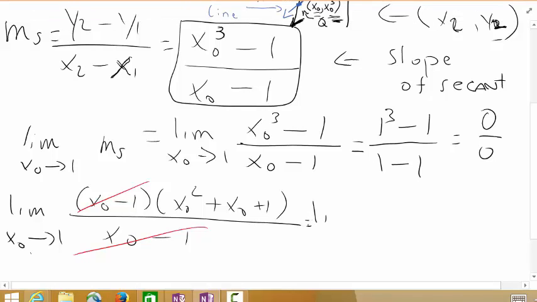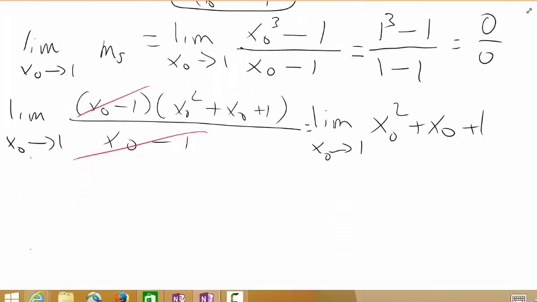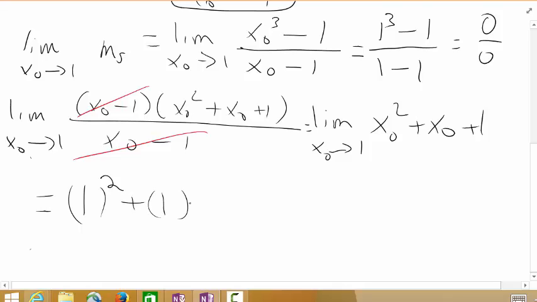the limit as x sub 0 approaches 1 of x sub 0 squared plus x sub 0 plus 1. Continuing, we can now do our direct substitution since it's not an indeterminate form. If I do direct substitution, I'll have 1 squared plus 1 plus 1, which will give me 3.